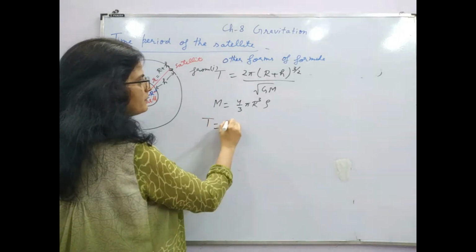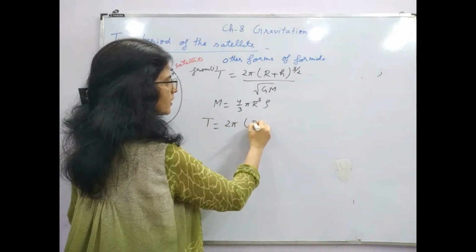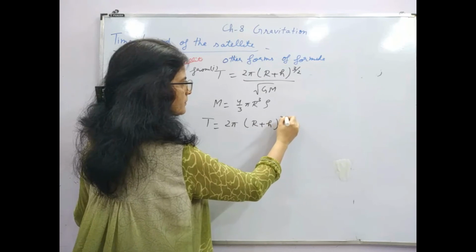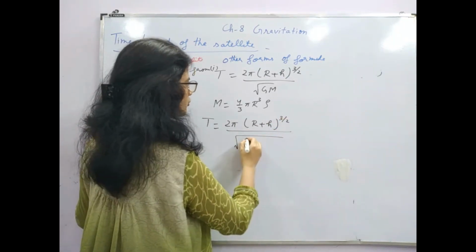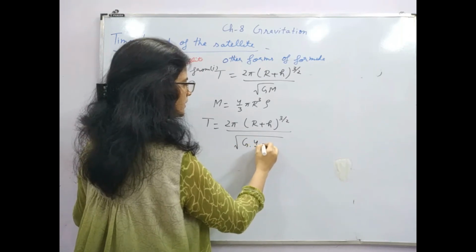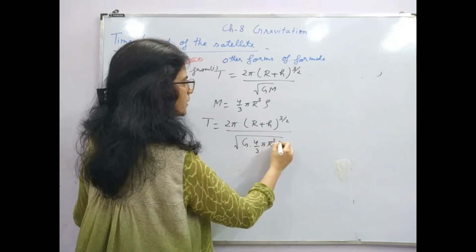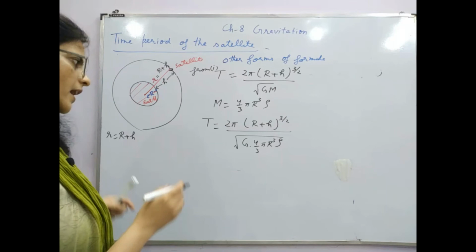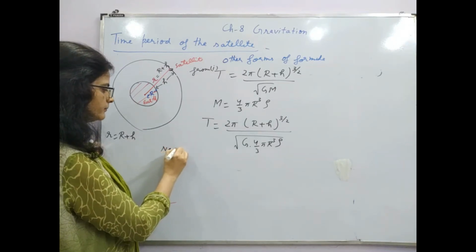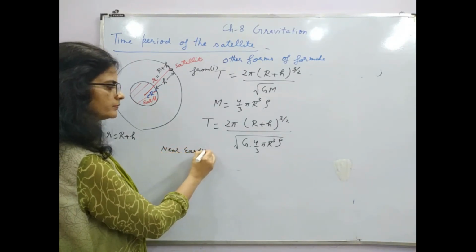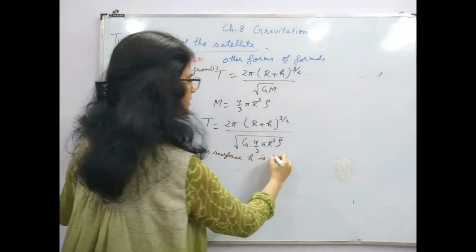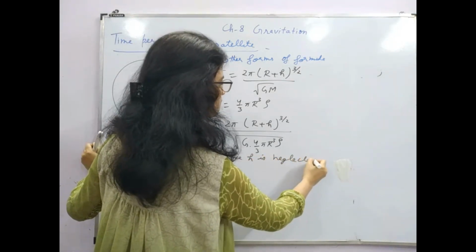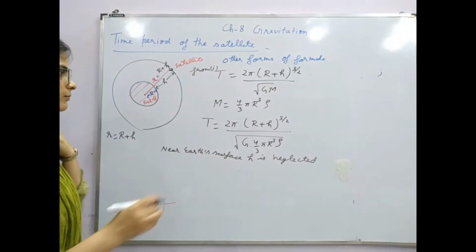So time period will be 2 pi R plus h to the power 3 by 2 upon under root of G into 4 by 3 pi R cube into rho. And near Earth's surface, h is neglected.